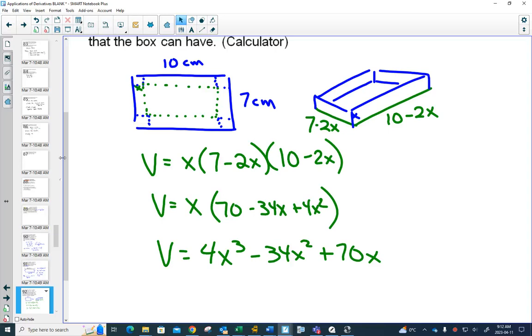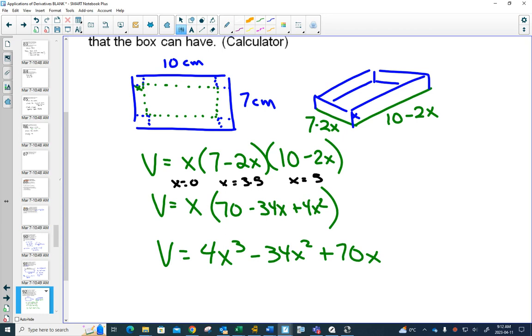Okay? So we are trying to find the maximum volume. Well, again, in grade 12 pre-calculus, the best you could have done was graph this on a graphing calculator and find it. In grade 12 pre-calculus, you would have known the following. Since this is in factored form, can you see that these are your x-intercepts: x equals 3.5, x equals 5, and x equals 0.